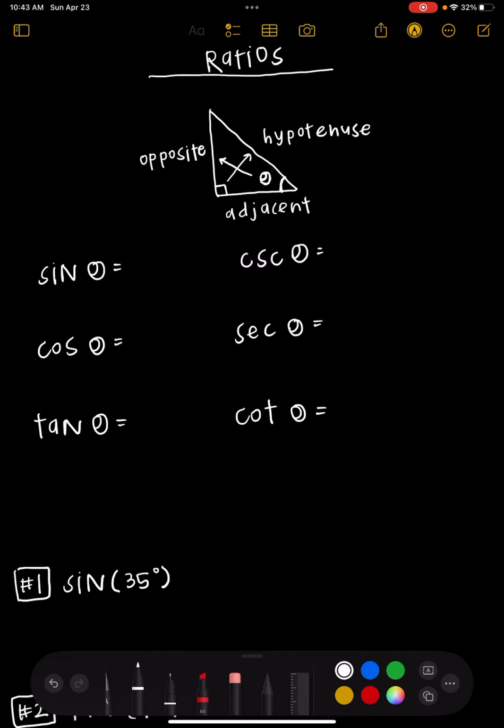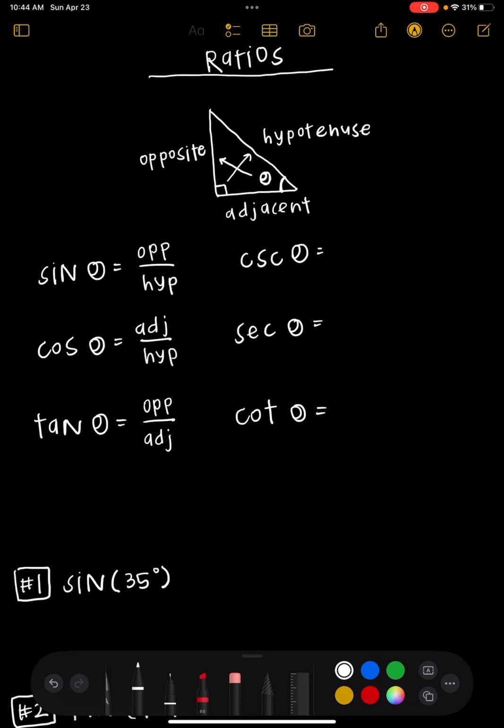Your sine ratio is opposite over hypotenuse. Cosine is adjacent over hypotenuse. And tangent is opposite over adjacent. We'll use all of those pretty frequently.